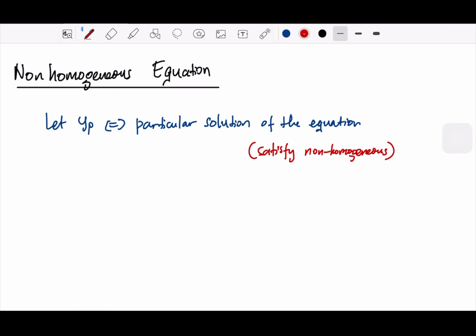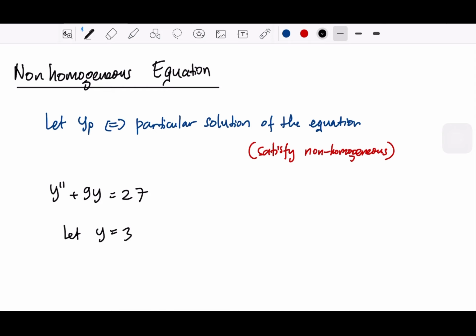Okay. If we have y double prime plus 9y equal 27, and if I say y is equal to 3, it's supposed to work on this differential equation, right? Let y equal 3, this will work perfectly, because 3 is just a constant and its derivative is 0.